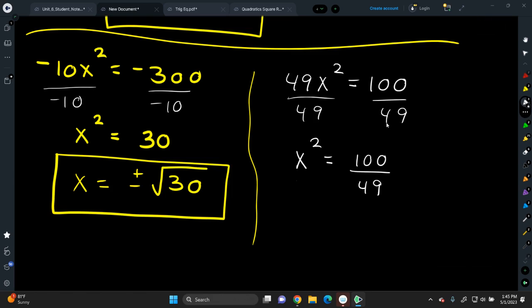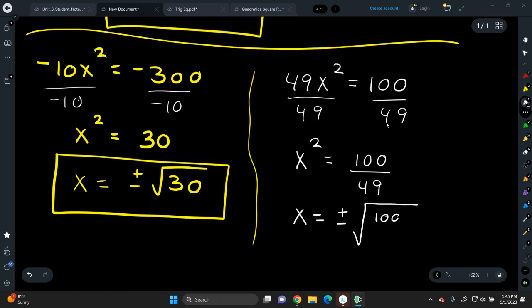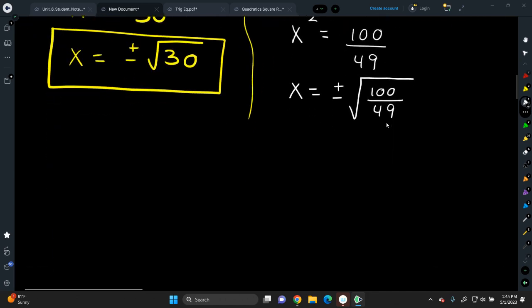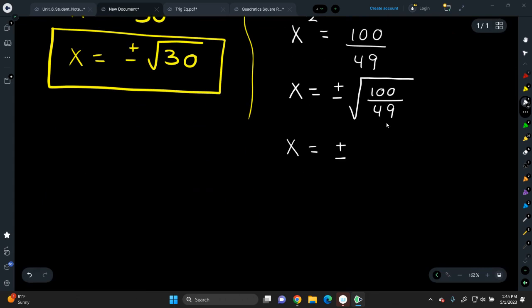No. So what do we do now? Square root both sides. X equals plus or minus the square root of 100 over 49. Yes, we can take the square root of that. It'll be plus or minus the square root of 100 is 10, and the square root of 49 is 7. And that's our answer.